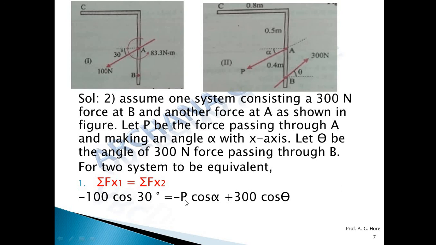Now here P, alpha and theta are three unknowns. We can't solve this equation 1 for these three unknowns. We want three equations for three unknowns. So let's simplify this as equation number 1.